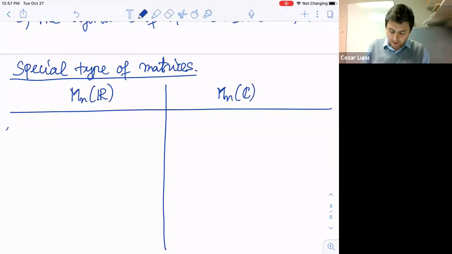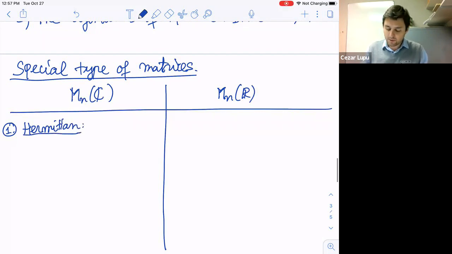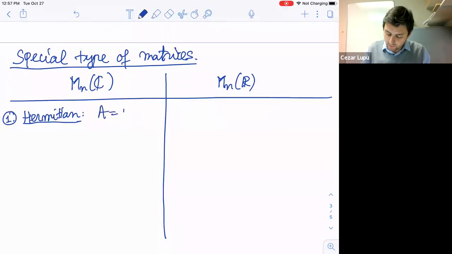And the first type of matrix is Hermitian. So this is C and this is R. Hermitian is for complex entries, which means that A equals A star.